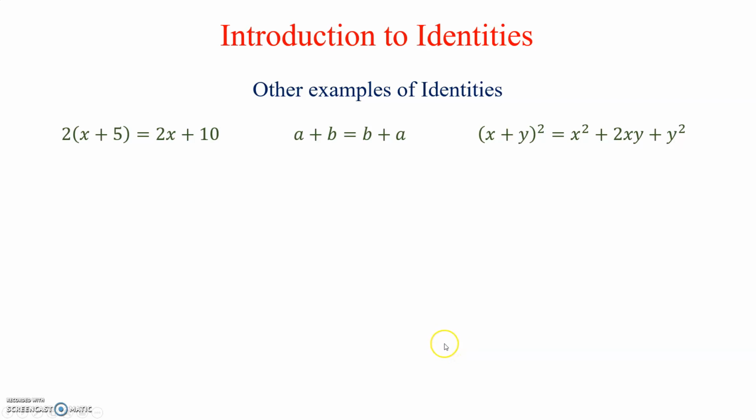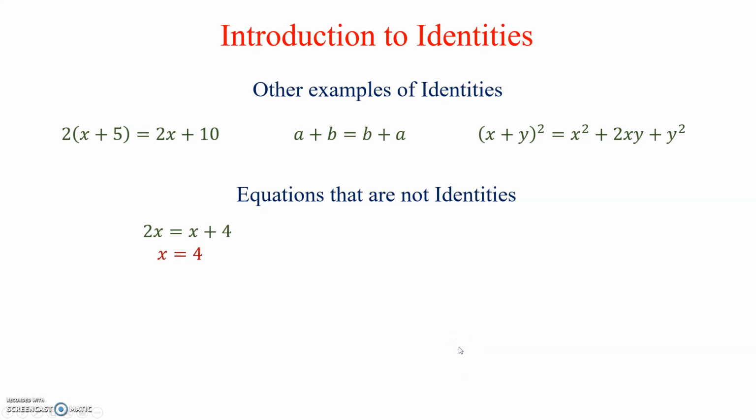Well, we've seen a bunch of examples of identities. Let's look at some that are not identities, just so that we don't presume that all equations are identities. The first example is 2x is equal to x plus 4. If we substitute 4 for x, we get 8 on the left side and 8 on the right, so it begins to look like an identity.